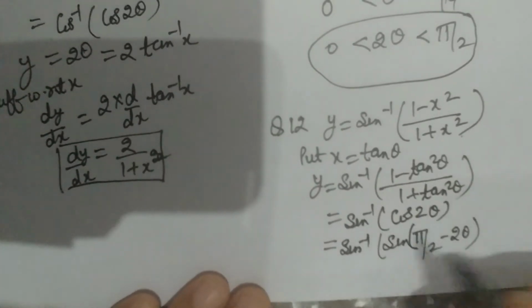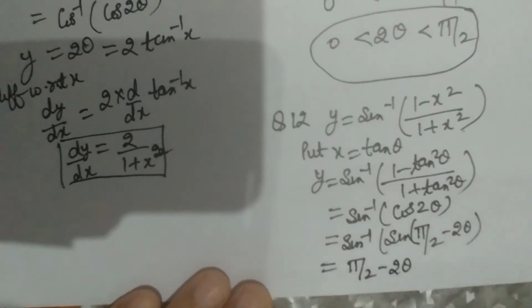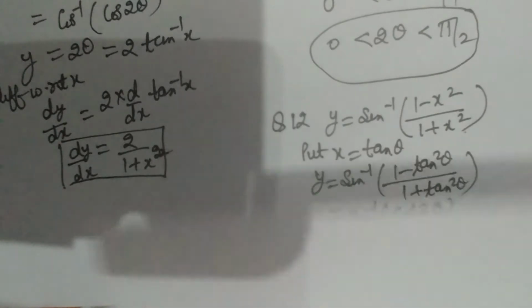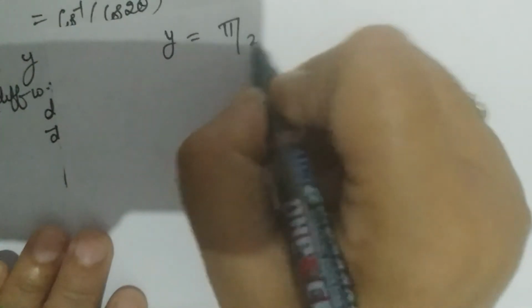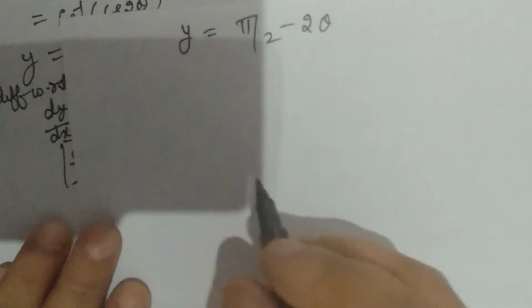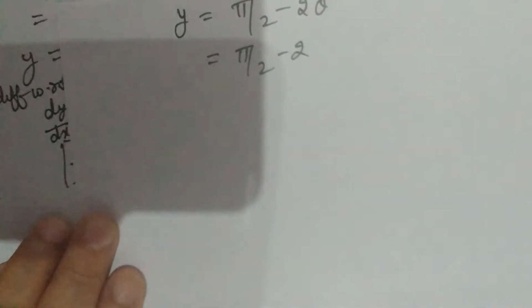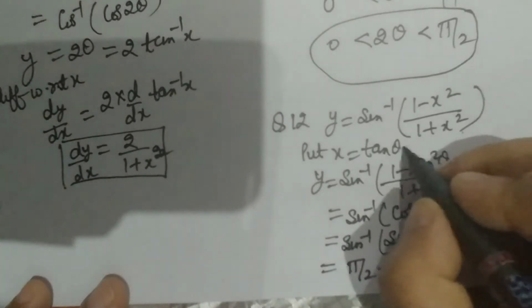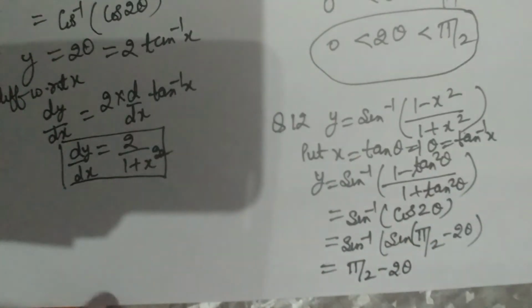Now I think it is very clear. So it becomes pi by 2 minus 2 theta. So I got y is equal to pi by 2 minus 2 theta. What is theta? Theta was again tan inverse x.